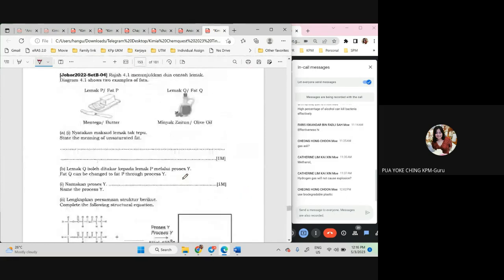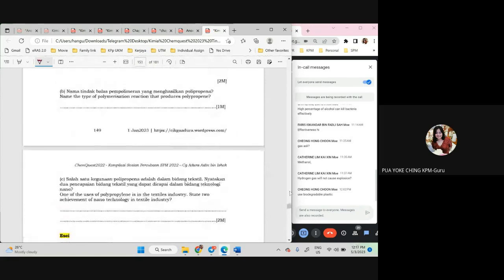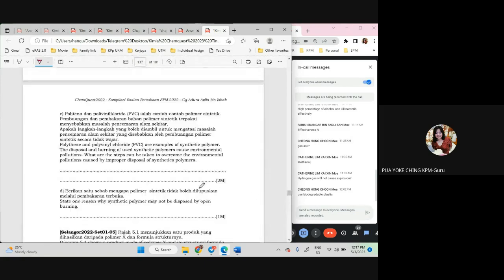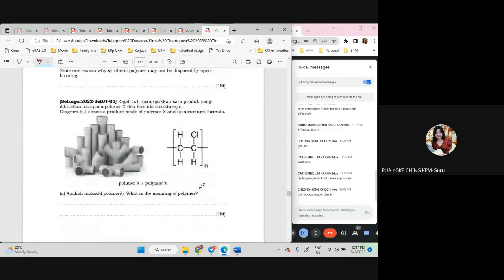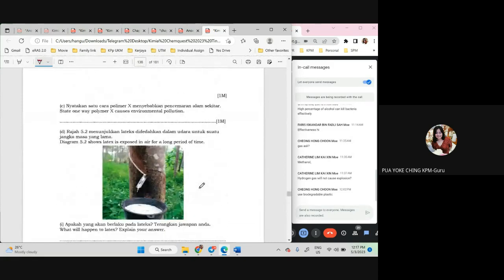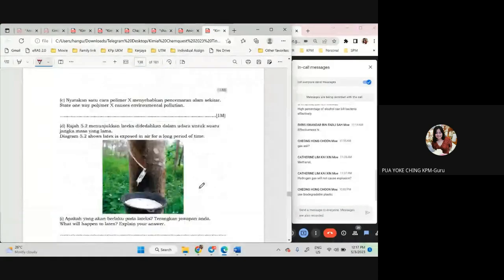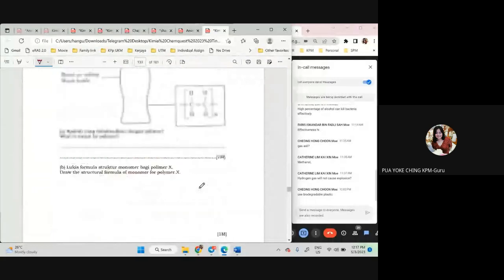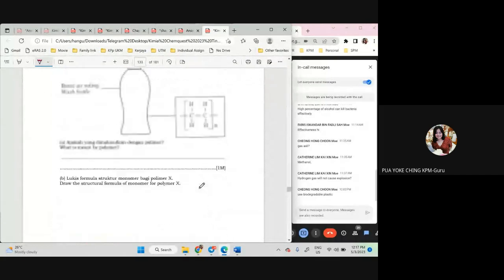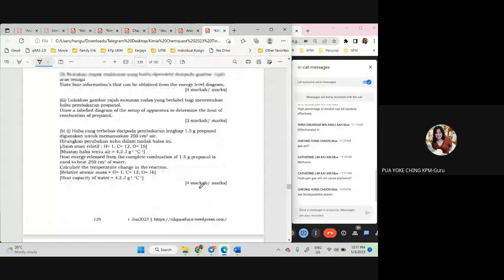Kalau you ada something else, I habiskan this one first. Kita tengok soalan yang sebelum ini yang dalam plastik. Whatever lah, plastic or the chapter 3, the few value. Where is the few value just now?